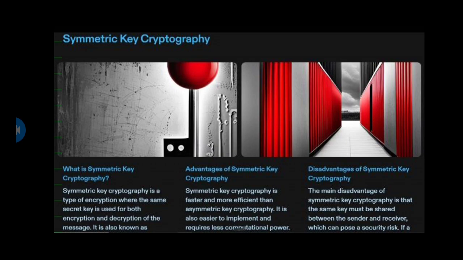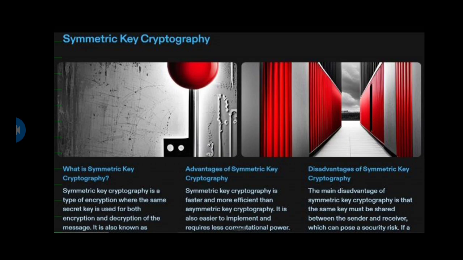Next, coming to the advantages of symmetric key cryptography. Symmetric key cryptography is faster and more efficient than asymmetric key cryptography. It is also easier to implement and requires less computational power.